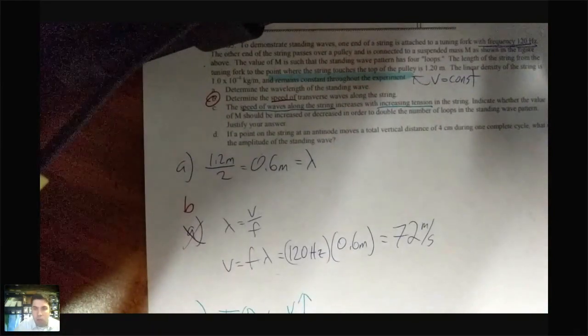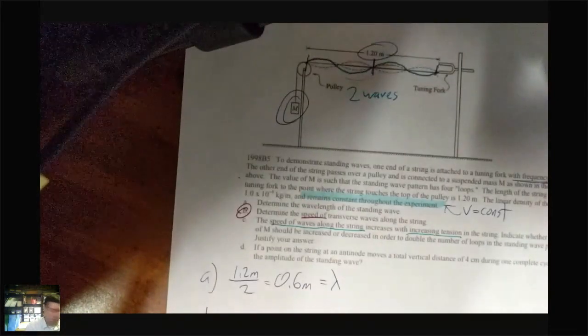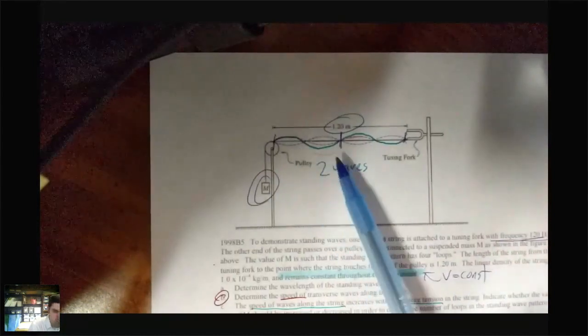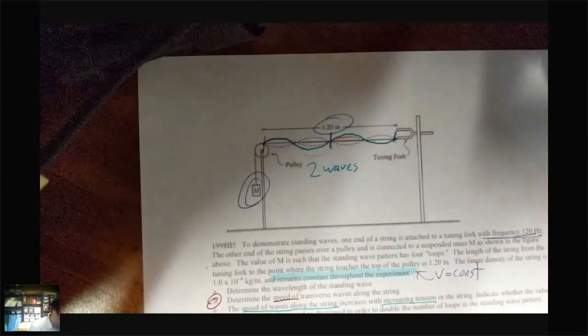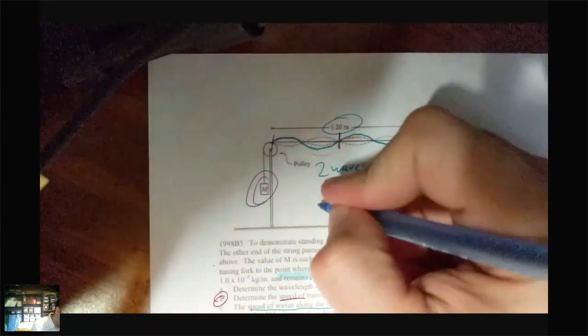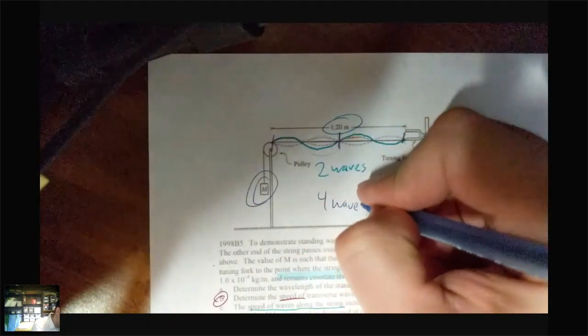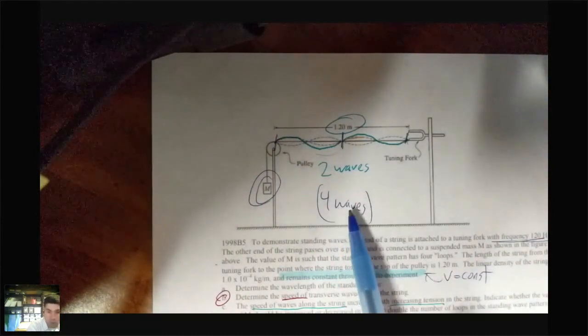We want to know, should we increase this mass or decrease it? What should we do to double the number of loops shown? So we have 4 loops here. We want to get to 8 loops. So instead of 2 waves in here, we want to have 4 waves. What would we have to do to make 4 waves show up here?